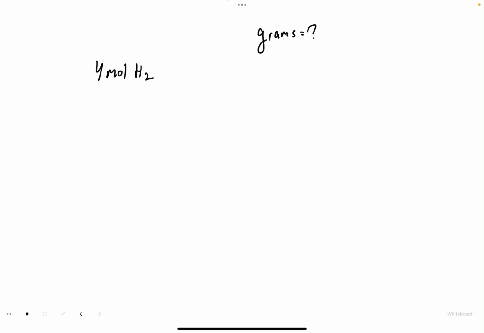So if we want to find grams, we need to say 4 moles. We need to get the conversion. So 1 mole of hydrogen gas is equal to around 2 grams. So that's around 8 grams of H2.